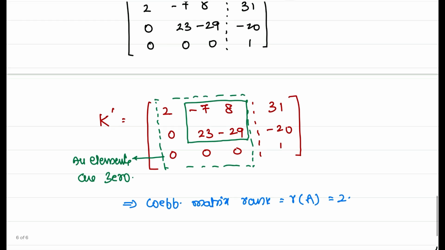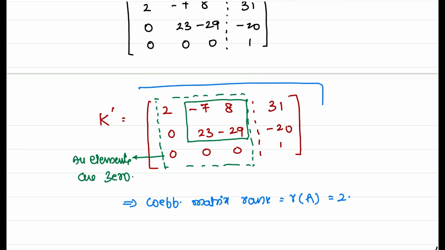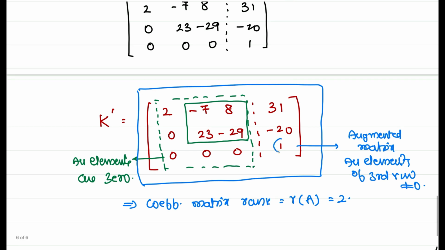Now, for the whole augmented matrix, this is the augmented matrix. The third row is not all zeros. For the augmented matrix, all elements of the third row are not 0 because 1 is there, 0, 0, 0, 1.